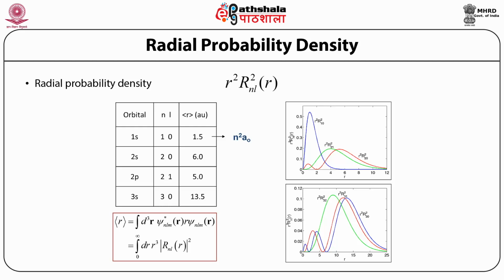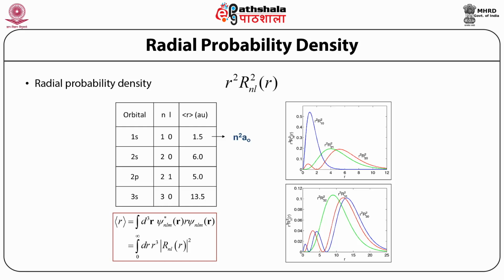So for the orbital 1s we have the 1-0 combination of n and l, and correspondingly r is given by 1.5. As you can see from the graph, the radial probability density is shown by the blue graph, which is nothing but r squared multiplied by capital R squared 1-0. Next, we have the 2s orbital as 2-0, 2p as 2-1, and for 3s we have 3-0 combinations of n and l.